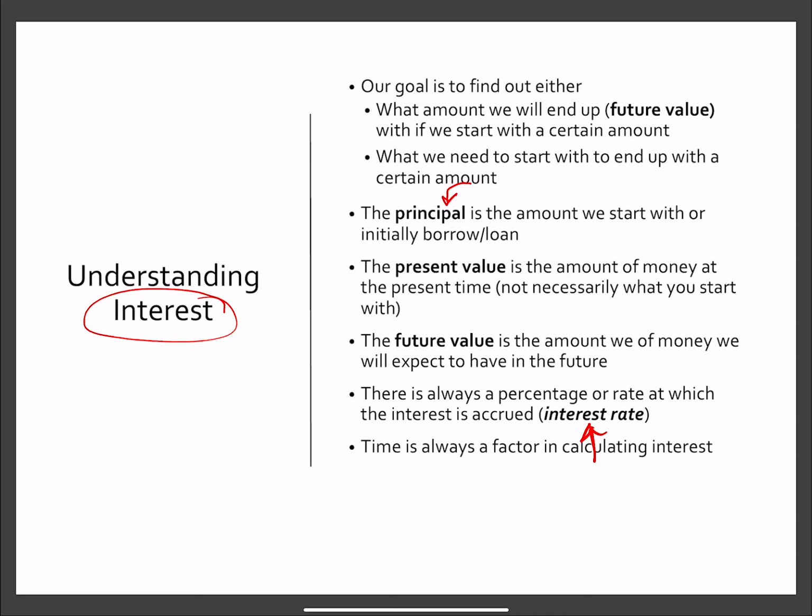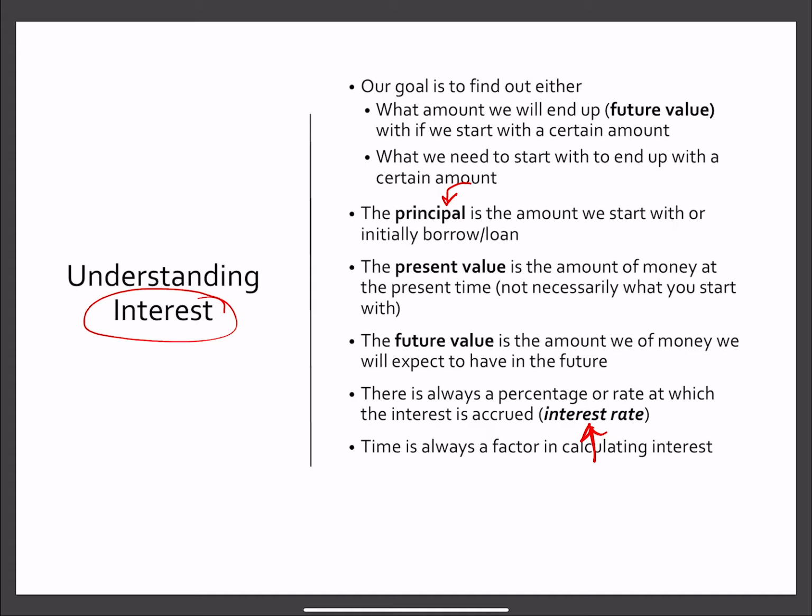And it doesn't grow in a linear fashion. So when you're dealing with interest, you may think intuitively that if you save for 10 years instead of 5 years, you'll have double the amount of money. But it's not actually true. In reality, you'll have much more than double the amount of money if you double the amount of time that you save for.